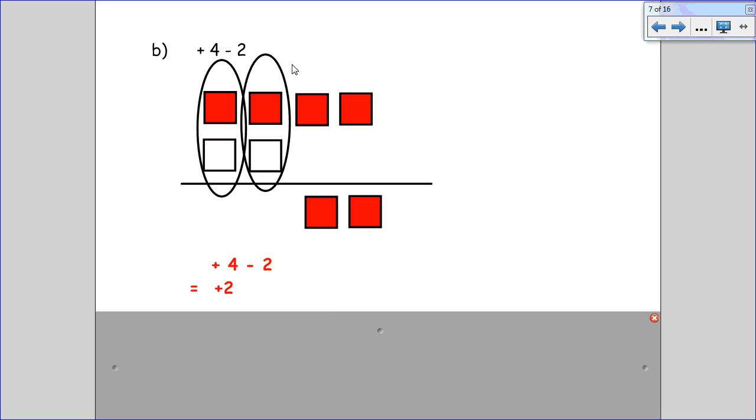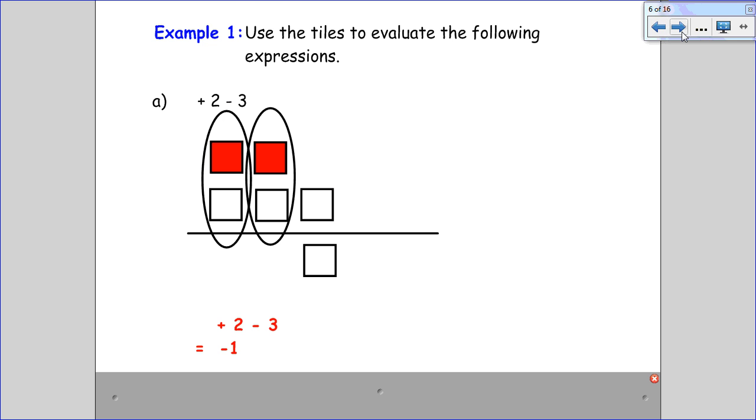So if I go back here, I have 2 more positives than negatives, and that's what I can see by subtracting 4 take away 2, and I keep the sign. Here, I had 1 more negative than positive. There were 3 negatives, 2 positives, so there were more negatives. Subtract them, 3 take away 2 is 1. I have more negatives, so I keep the negative sign.